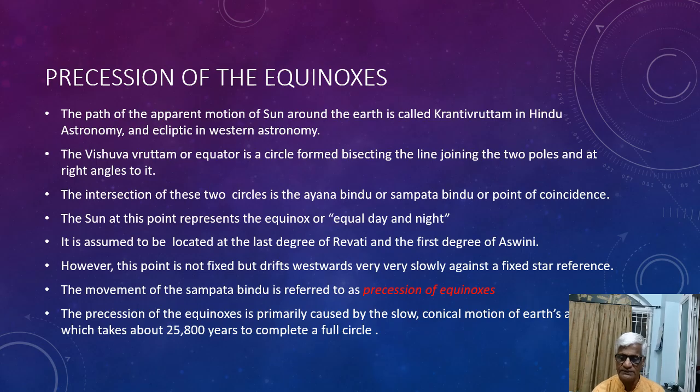Point of coincidence of the two circles. When the sun is at this point of the ecliptic, the night and the day on all places on earth is equal. That place is called the equinox, or the Sampada Bindu is actually called the equinox.